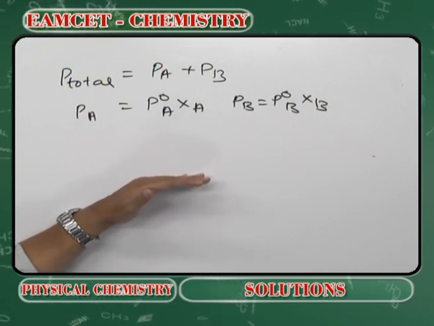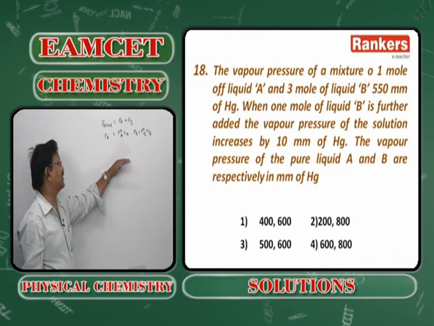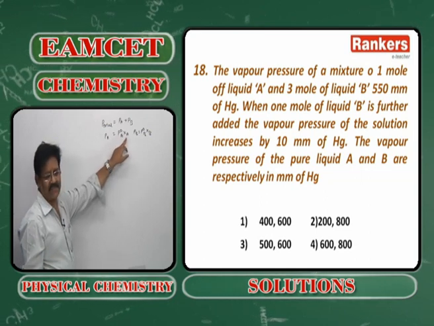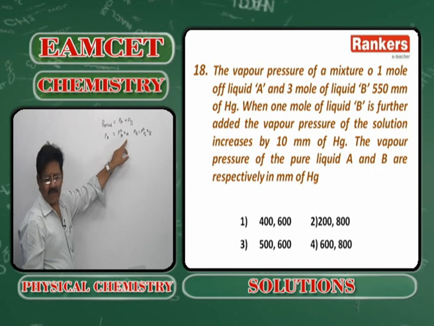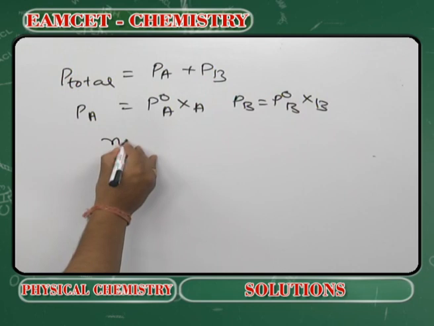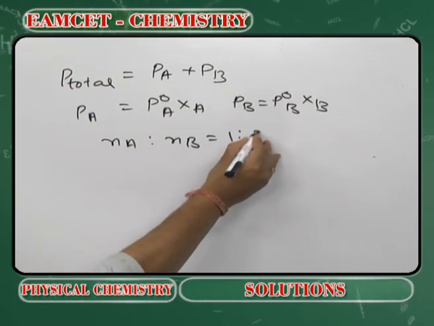Initially, 1 mole of liquid A and 3 moles of liquid B are present. Then what will be the mole fraction of A? 1 by 4, because the initial mole ratio Na to Nb is 1:3.